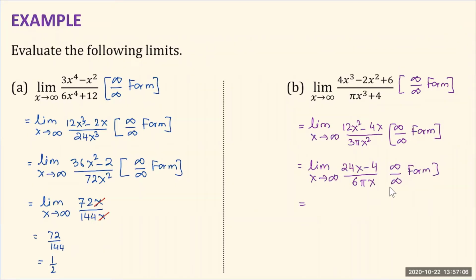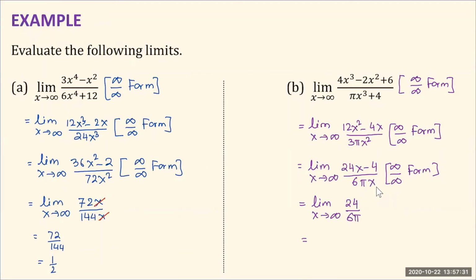So we have to use L'Hopital's rule. That is, we have to find the derivative in the numerator and also in the denominator. So that will be the limit as x approaches infinity. The derivative of 24x is 24. The derivative of this 4 is 0. So divided by, the derivative of 6 pi x, which is 6 pi.